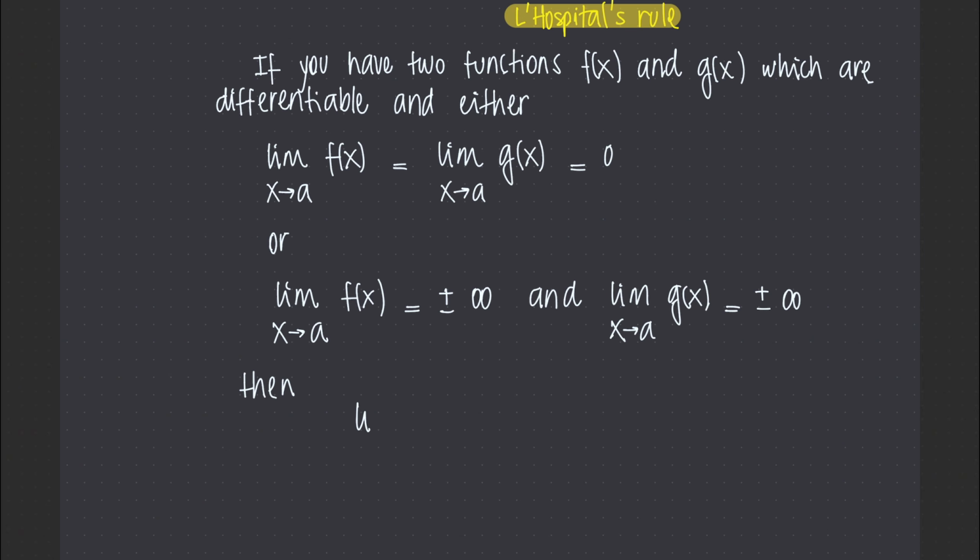This is where we can apply L'Hopital's rule, which is the limit as x approaches a of f of x over g of x. It is equal to the limit as x approaches a of f prime of x over g prime of x, the derivatives of f and g respectively.